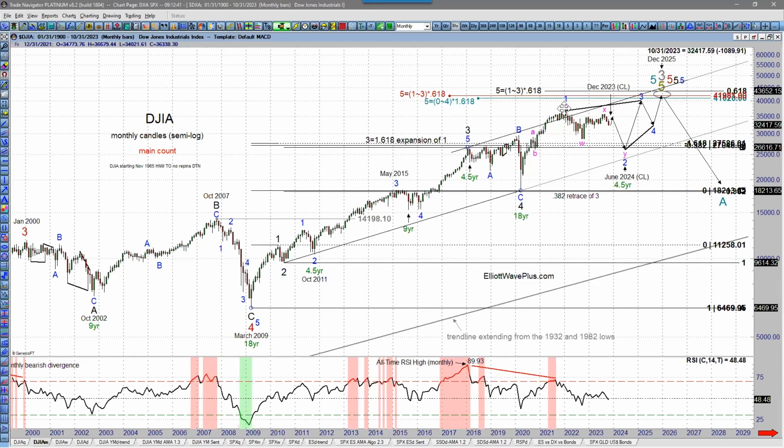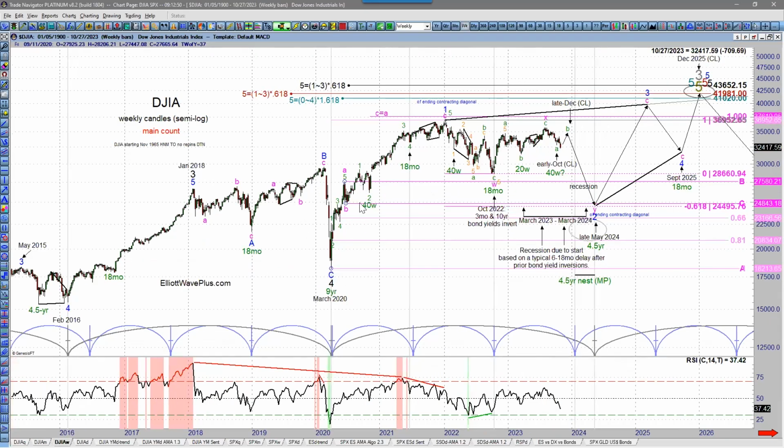Whereas the wave 1 was a simple zigzag, we're looking at something a bit more complex for the wave 2. Why do I think this subdivides into only 3 waves up from the March of 2020 low? Here's the count. 1, 2, 3, 4, 5 for A. Very quick B wave, and then 1, 2, 3, 4, and then an ending expanding diagonal for 5.